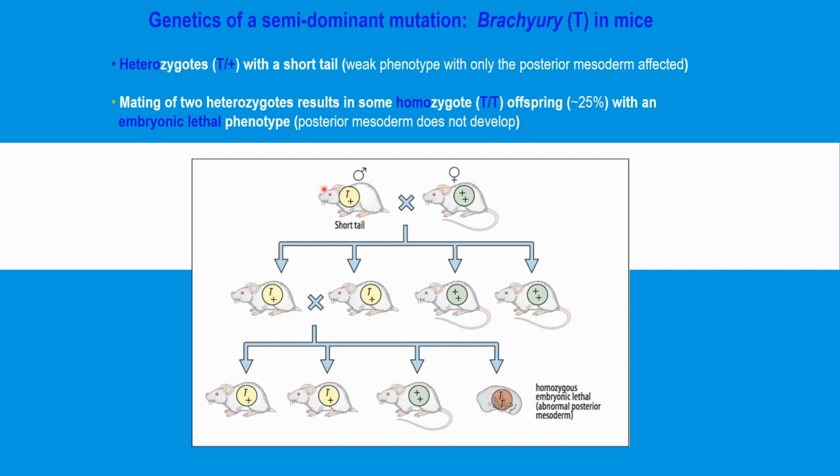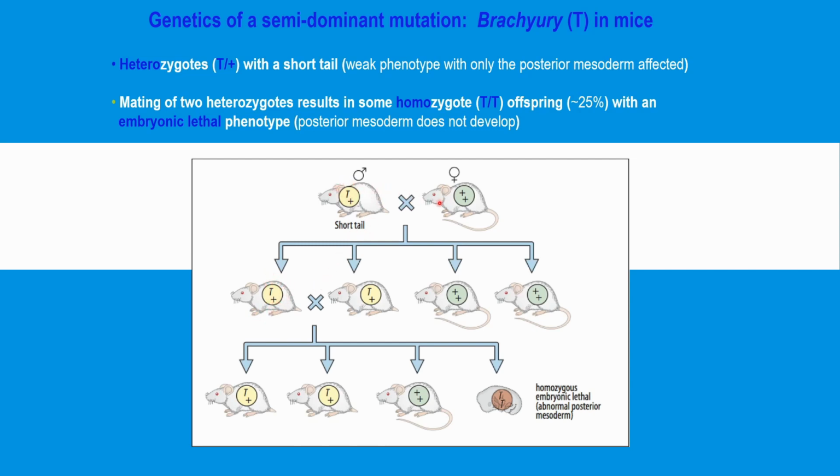One copy of brachyury is mutated, indicated by the T. When we cross these together, we will get this chromosome T, which can pair with one of the female wild type chromosomes to give us a heterozygote for T and a wild type chromosome.